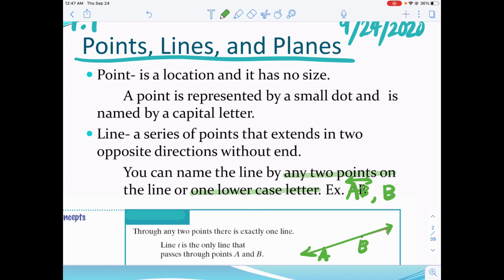We can also say it's line BA. The last option is also called line T, with one lowercase letter. You can't just make up that letter. That letter has to be given to you in order for you to name it with that lowercase letter.